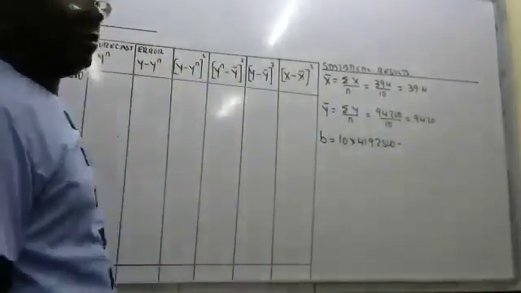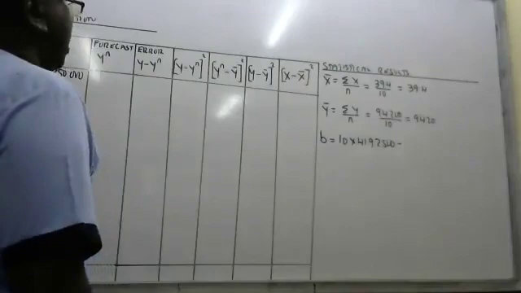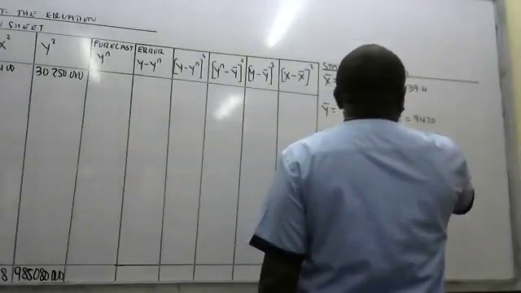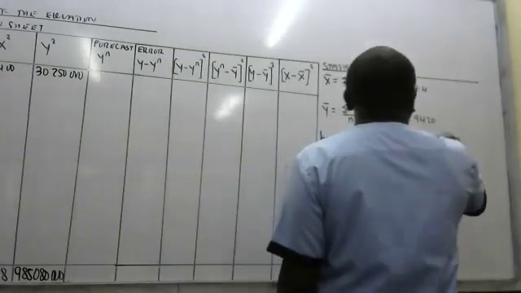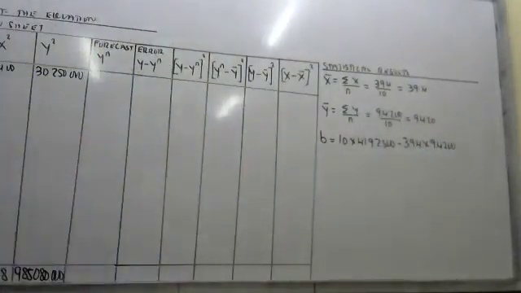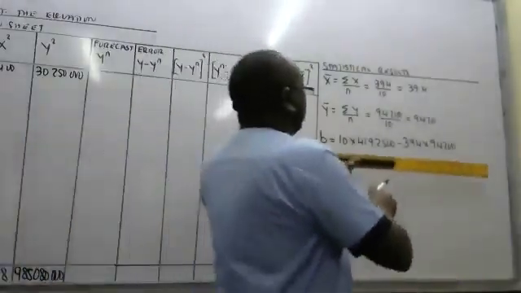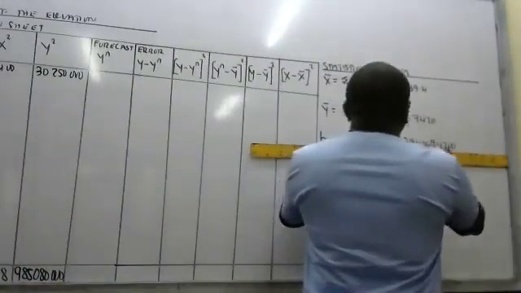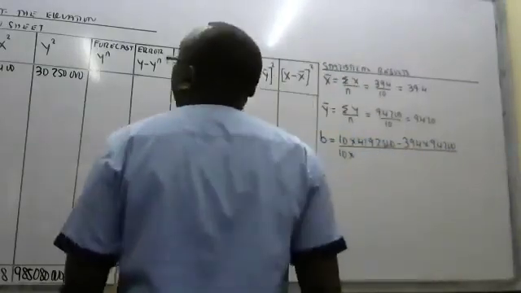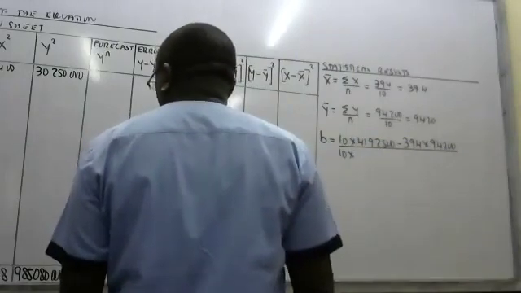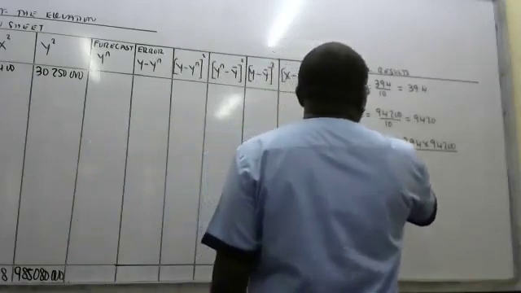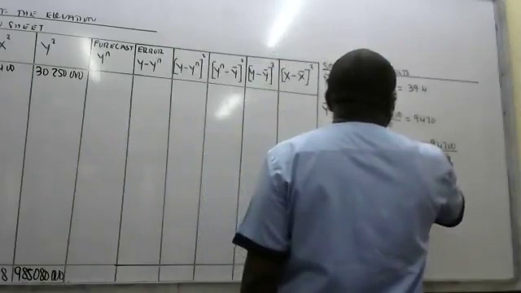You minus sum of x, which is 394, multiplied by sum of y, which is 94,200. And this one you divide by n, which is 10, multiplied by sum of x squared, that is 17,898, minus sum of x squared.